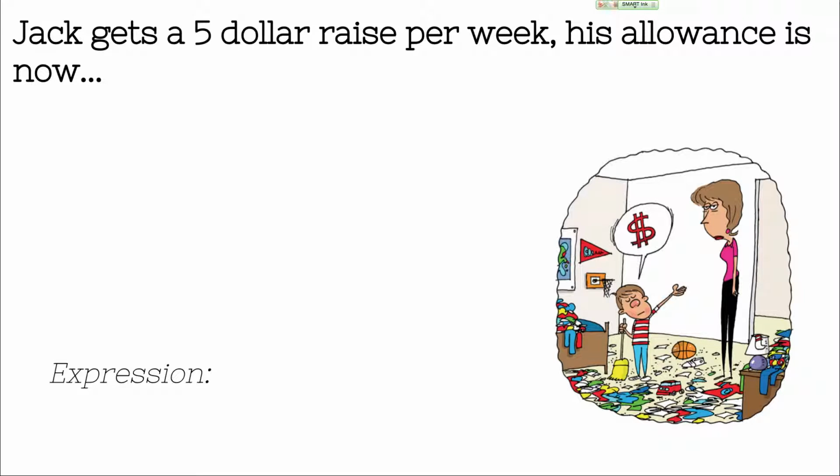So if Jack gets a $5 raise, that's telling me that I need to add to his allowance before, and he gets $5 more. So the expression would be Jack's new allowance would be 5 plus whatever he was making before the raise. So this is an algebraic expression that would match the story.